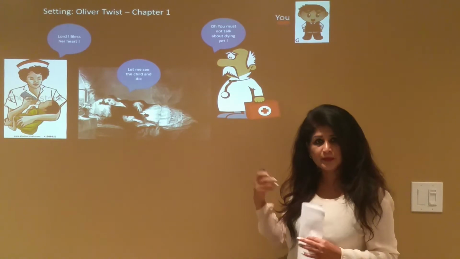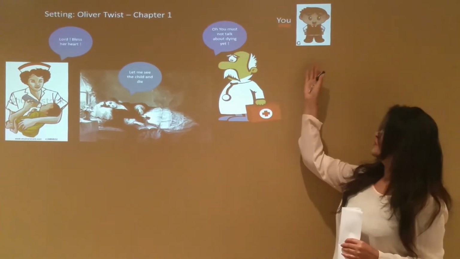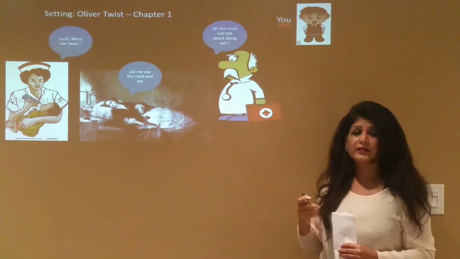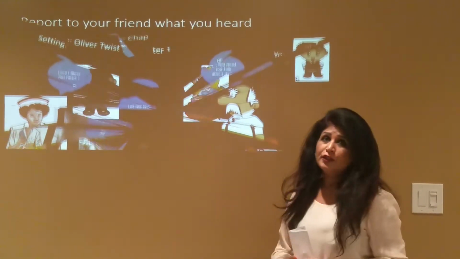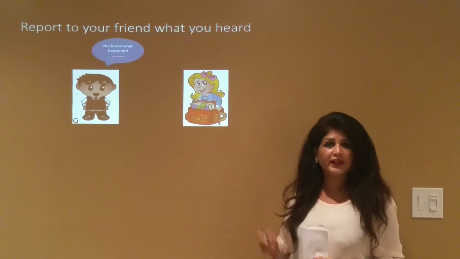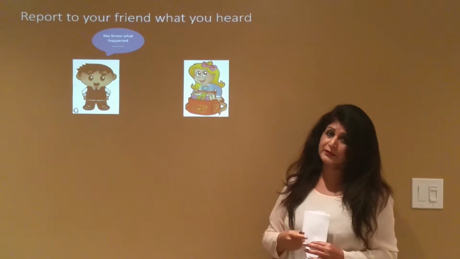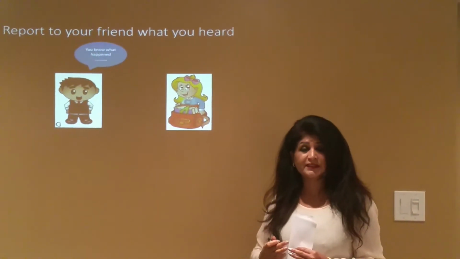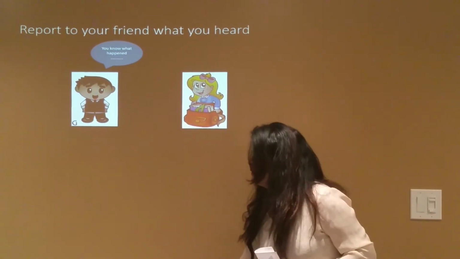There's some communication happening, and you are observing them. And now what happens is, you go home and you have to report to your friend whatever Oliver's mom said or whatever the surgeon or the nurse said. Okay, let's see how to do that.